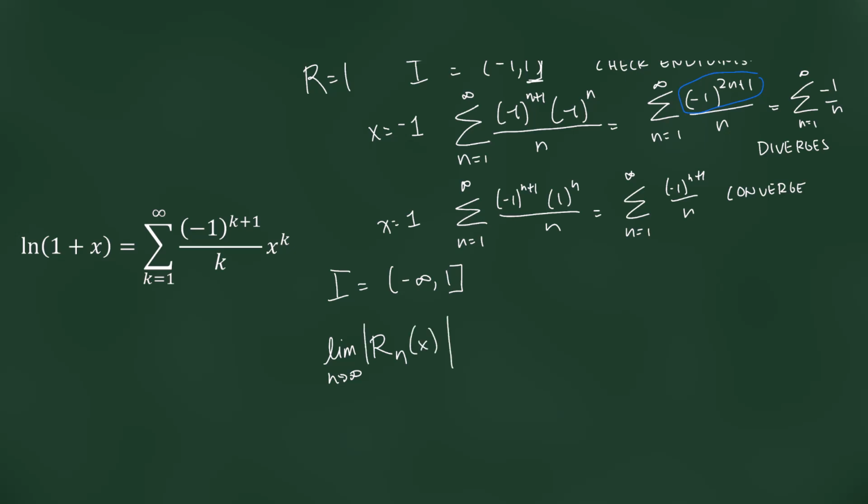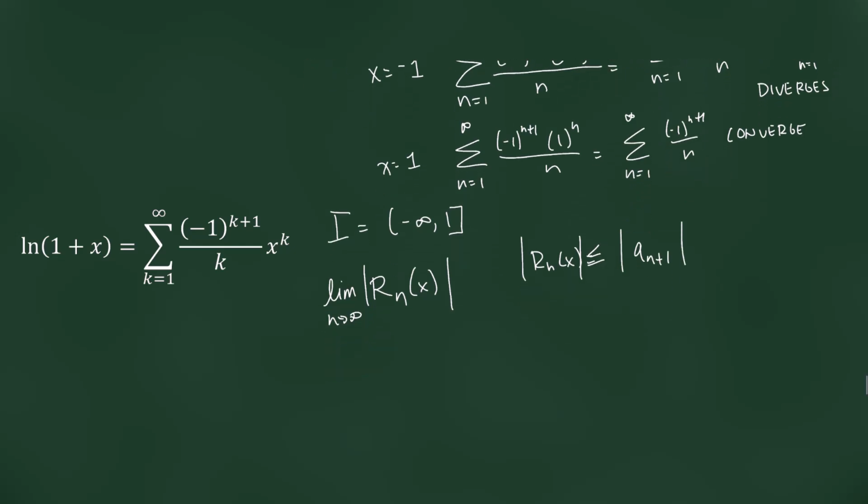But we know that this is an alternating series, which means that the absolute value of r sub n of x is less than or equal to the absolute value of the n plus first term. So we can take out the -1 again, and we just get x^(n+1) over n plus 1.